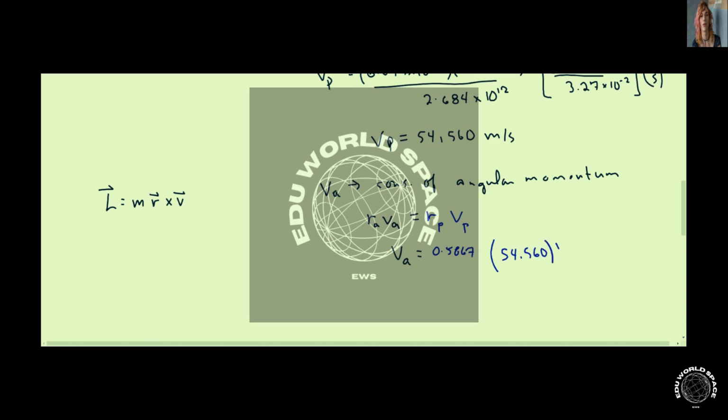Yeah, and the units of meters per second will stick around. Okay, and so we find that the aphelion speed is very small compared to the perihelion speed.